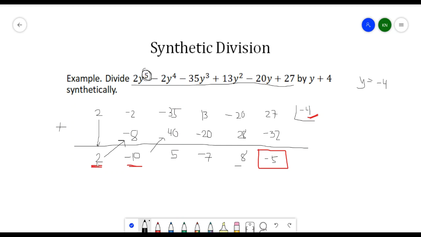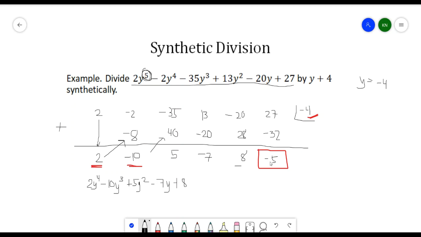So meaning to say, 2 here is equivalent to 2y raised to 4. Then this one is written as 10y cubed. This one will be written as 5y squared, negative 7y, and then we have the positive 8.